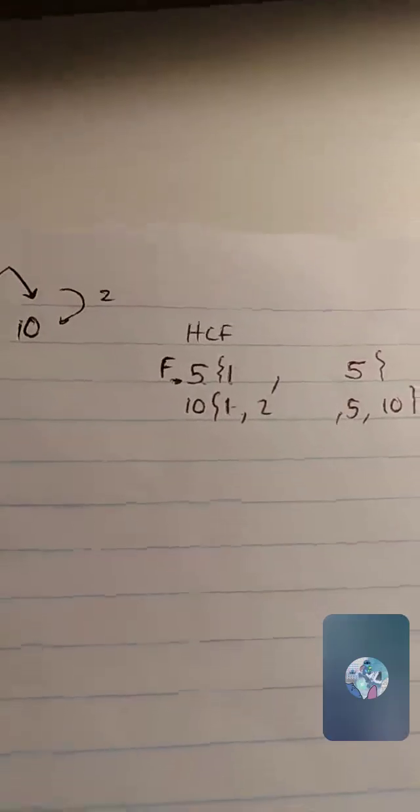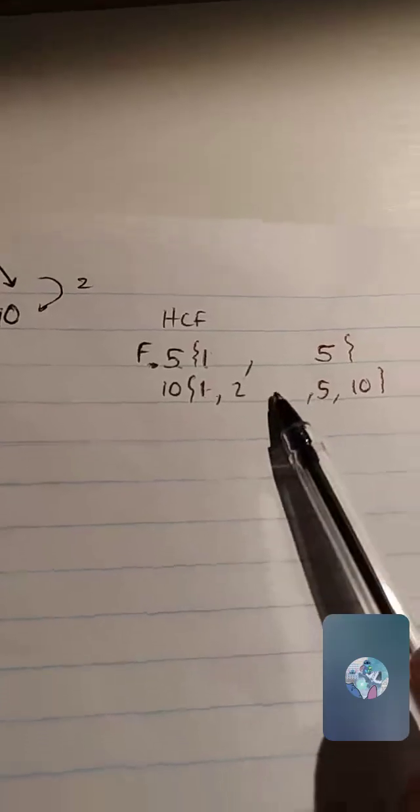Now think, are there any other numbers besides these, 1, 2, 5, and 10, that go into 10 without leaving a remainder? No. For instance, we can think of 3.